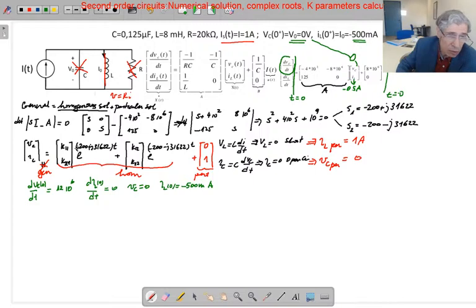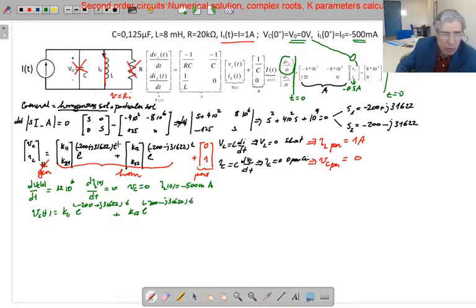Consider the first equation here, that is VC(t) equals K11 e to the power minus 200 plus j 31 622 t plus K12 e to the power minus 200 minus j 31 622 t.